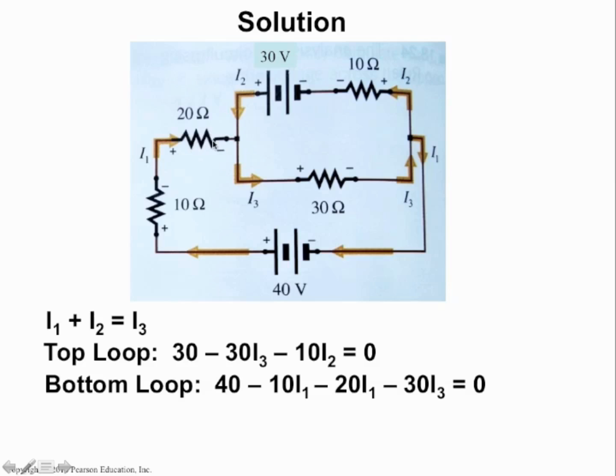And then remember, in the bottom loop, we're including just a portion of the top loop, right? And so that's why I have minus 30I3 also in the bottom loop. And so that all has to equal 0. Now I can simplify: 40 minus 30I1 minus 30I3 equals 0. And there you have your 3 equations for 3 unknowns.